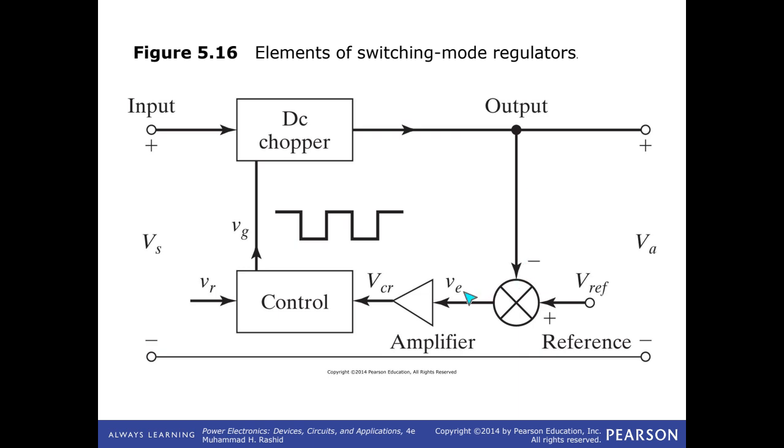We amplify that error and we produce the control signal, and we compare it with the trapezoidal waveform, and we send the gate signal to our DC chopper. This is the basic principle of the DC chopper.